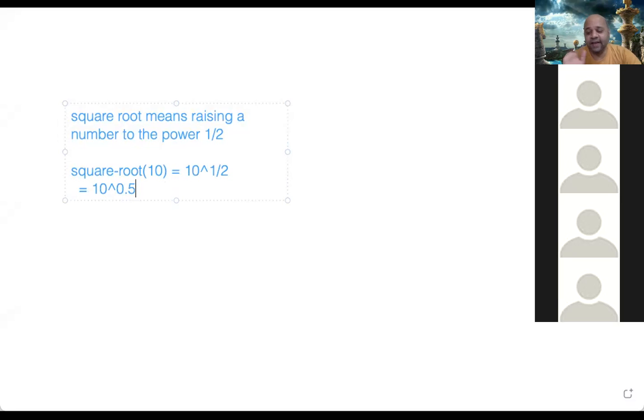Actually, 100 would be a better example, an easier example. So square root of 100. We know that square root of 100 is 10, because 10 into 10 is equal to 100.